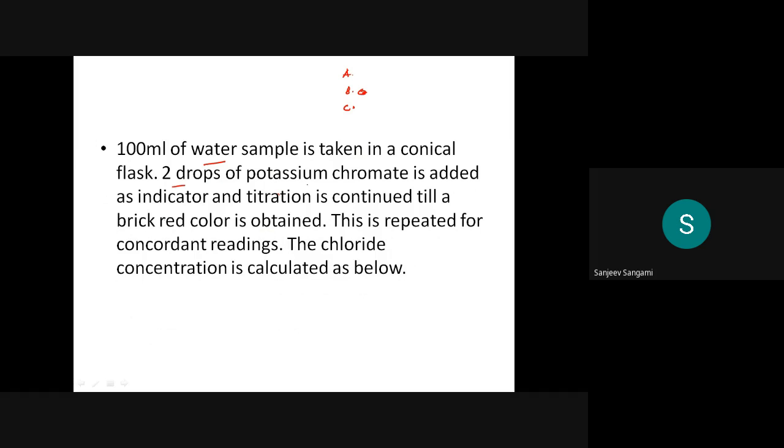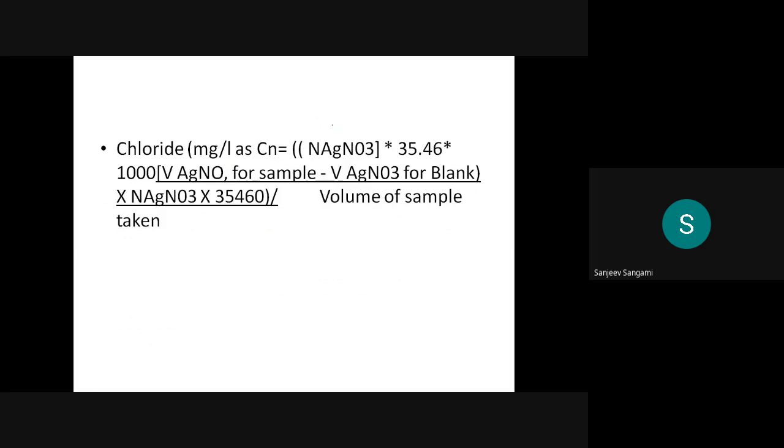Add 2 drops of potassium chromate. The same procedure you have to follow here also. Then titrate and continue till you get the brick red color. This is repeated for concordant readings. Till you get brick red, that is the end point. Then calculate the chloride using this formula.